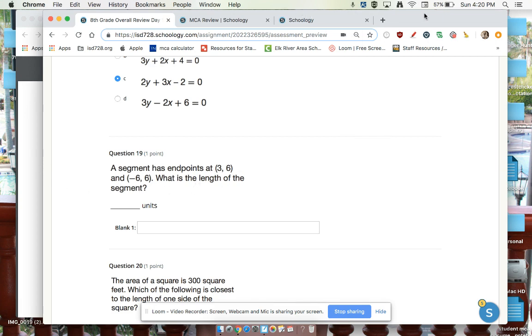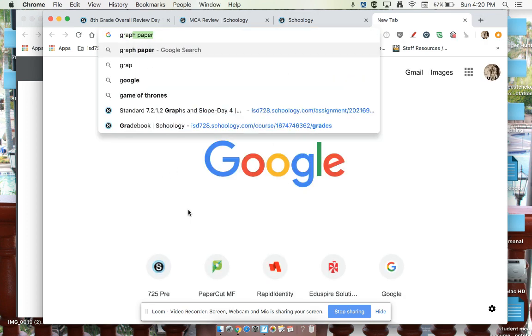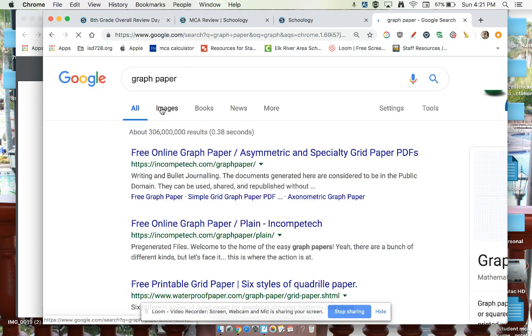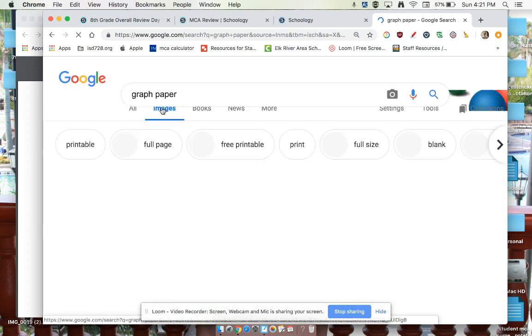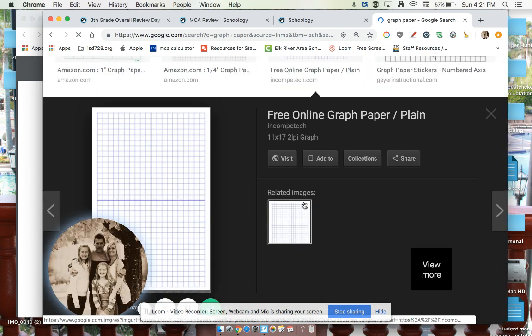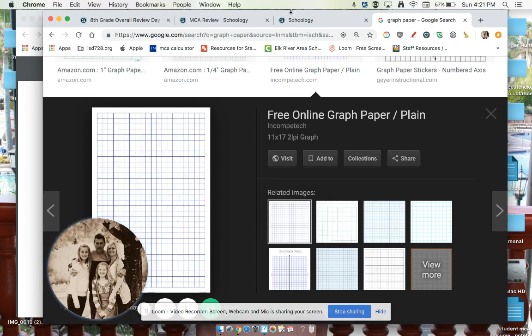You will have graph paper. If I just Google graph paper, go to images, you could plot these on the graph paper that you're going to get. And then you would be able to use the Pythagorean theorem for it.